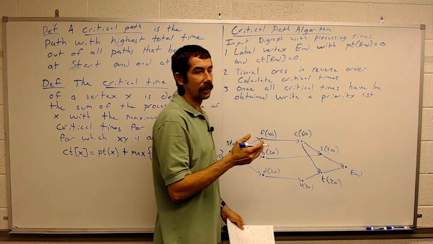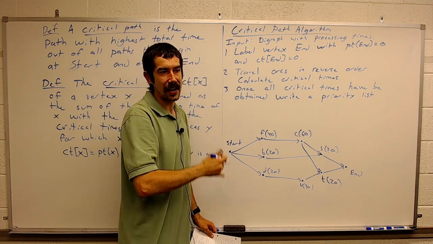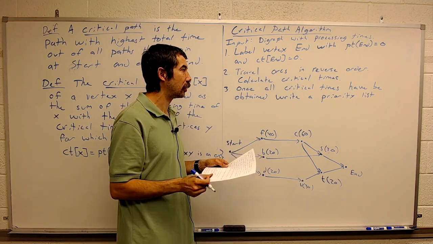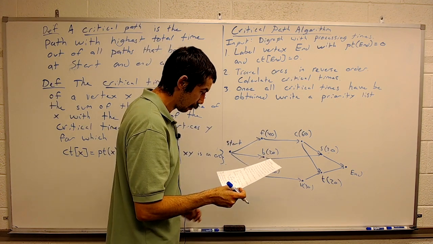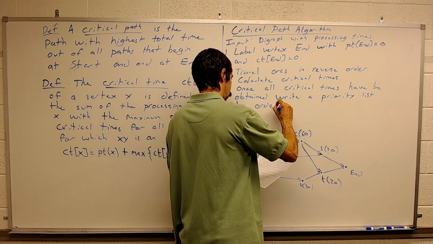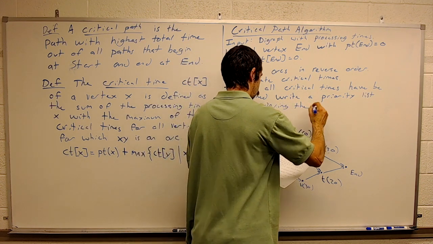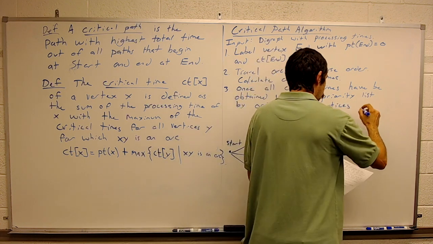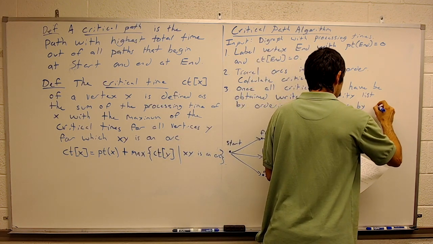Okay, the priority list is going to tell us what tasks we should complete first. What should we put our effort into initially? So write a priority list by ordering the vertices by decreasing critical times.